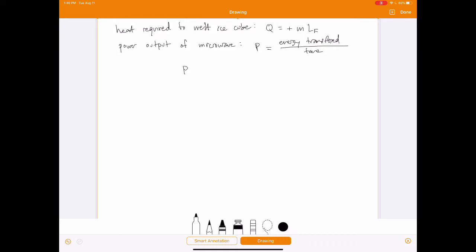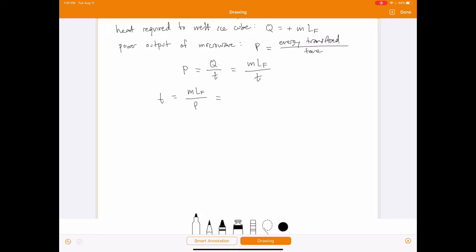So in this case, the energy transferred is Q, the heat added to the ice cube, and the time, we'll just call that T. But we know that Q is given by the mass of the ice cube times the latent heat of fusion of the water, and then we divide by T. And what I'm trying to do here is figure out T. How long does it take to transfer all that heat and then melt the ice cube as a result? So the time is M times LF divided by P.